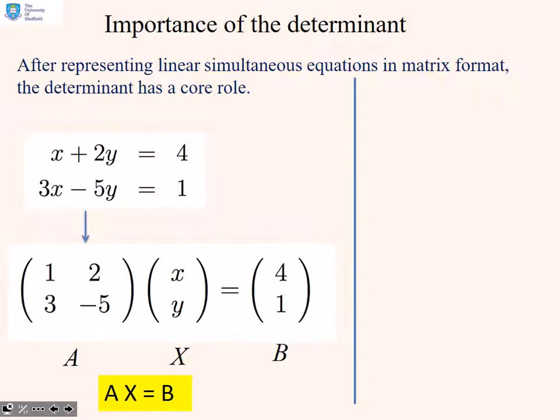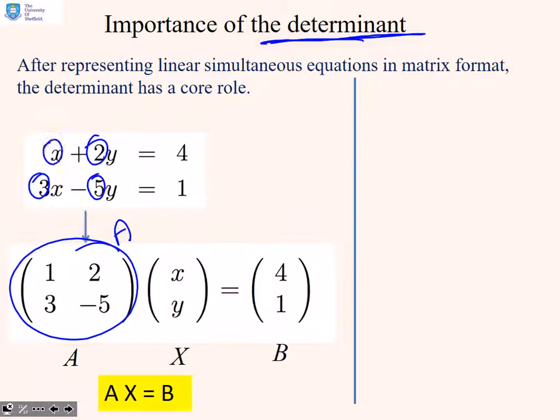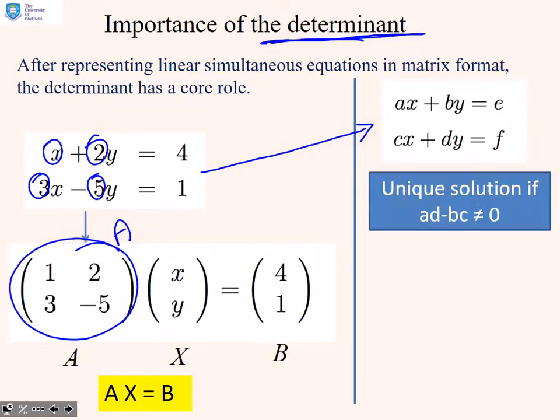So now we want to look at the importance of the determinant of this matrix. You'll see we've defined a matrix A using the coefficients that are on the x and the y. And we're going to look at the determinant of this particular matrix. Now, you remember earlier, if we wrote these simultaneous equations as ax plus by equals e, cx plus dy equals f, we said there's a unique solution if and only if AD minus BC is not equal to naught.